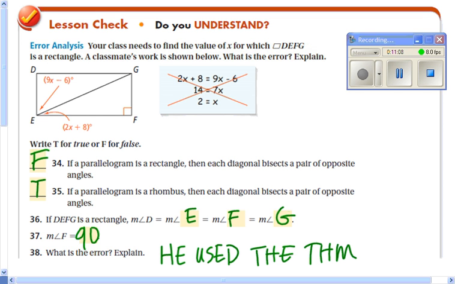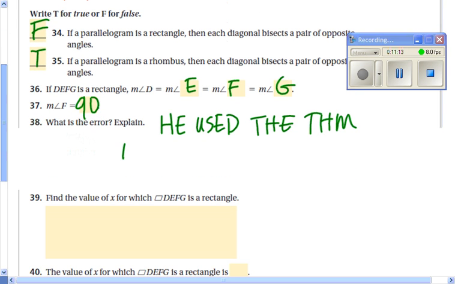We use the theorem for rhombuses, not rectangles.